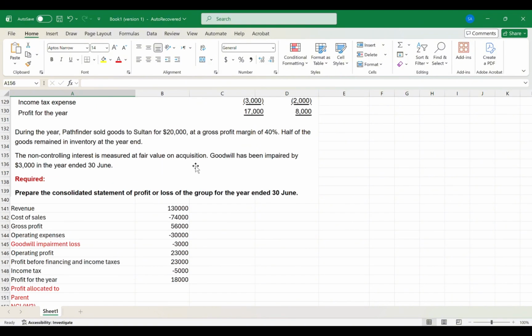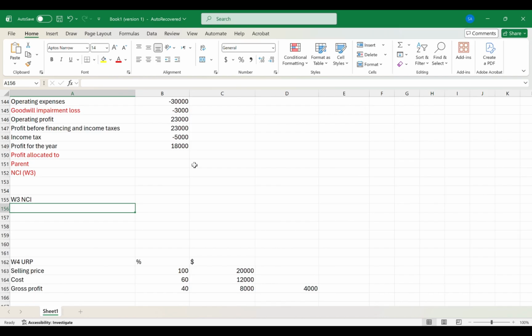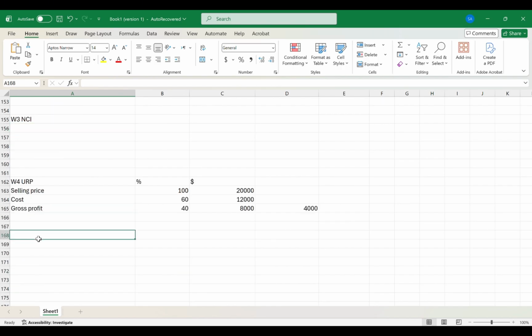Because here you have to find the NCI. Why goodwill impairment will go to NCI? Because NCI was considered at fair value. Okay. So now let us go here working to consolidation schedule.